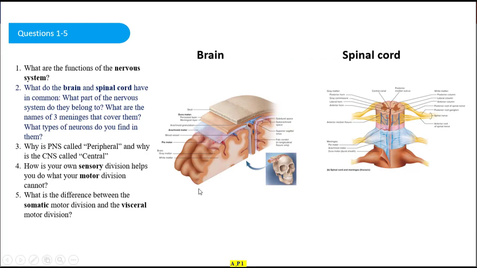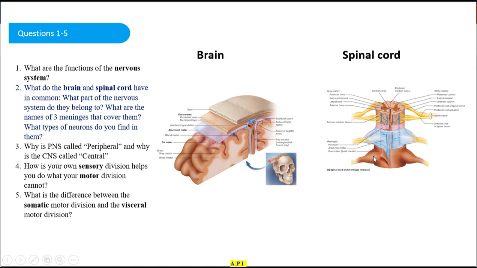Now, what do the spinal cord and brain have in common? Both are part of the CNS, the central nervous system. What else? They're both covered by meninges, and we have 3 layers of meninges. The very top one you see on the brain is the same thing you see on the spinal cord.